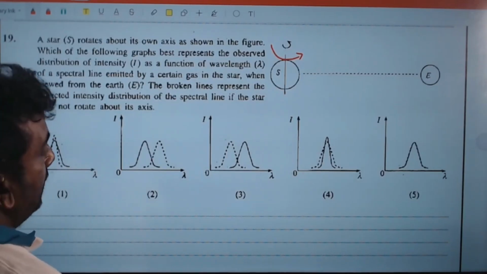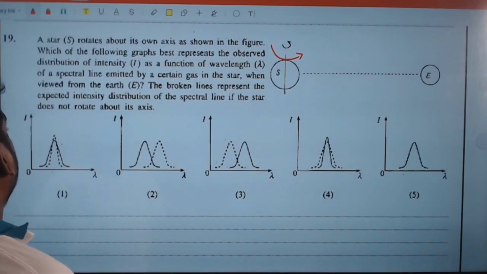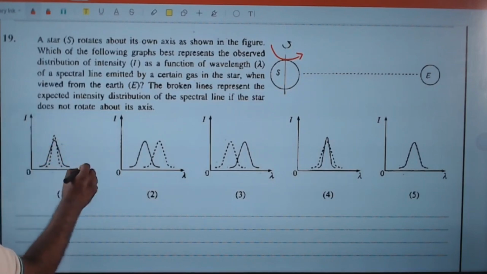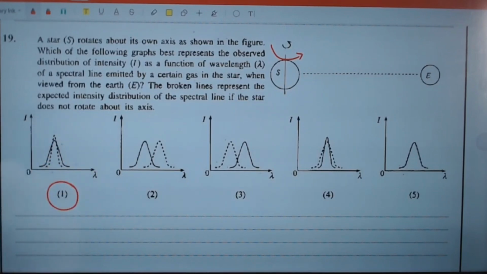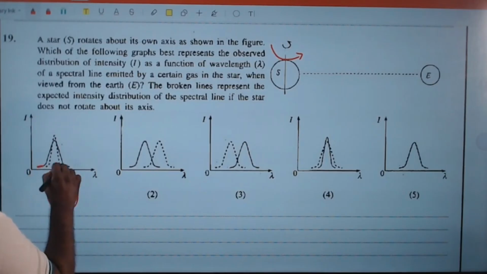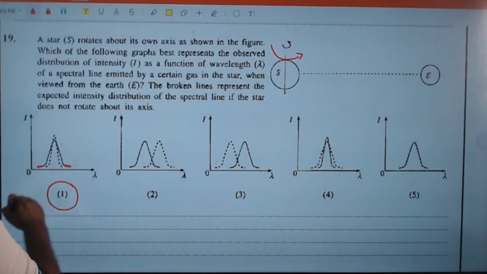Going away, frequency reduces, wavelength increases. So dotted lines are normal. Here it reduces, here it increases. Correct answer is answer number 1. So when it's coming, wavelength reduces, frequency increases. When it goes away, wavelength increases, frequency reduces.